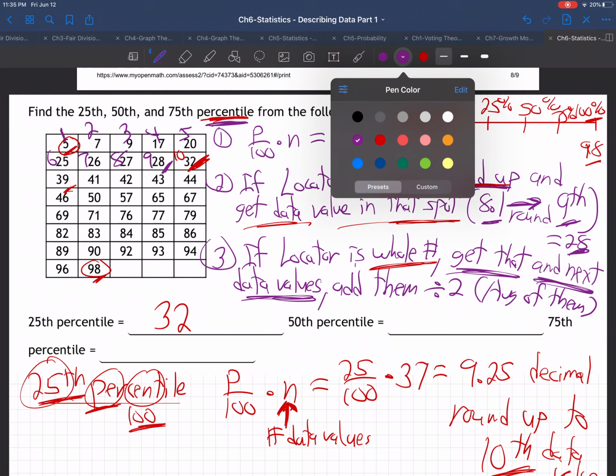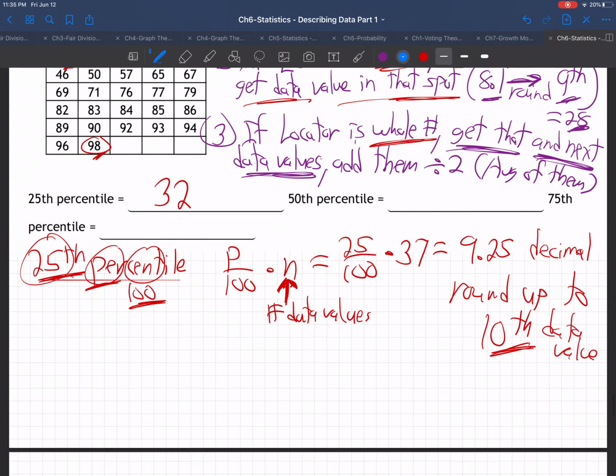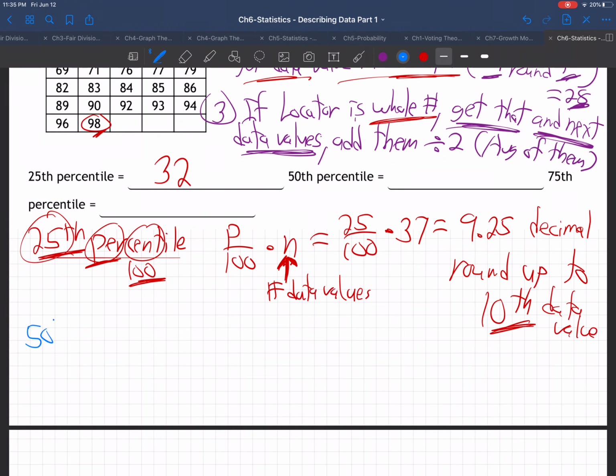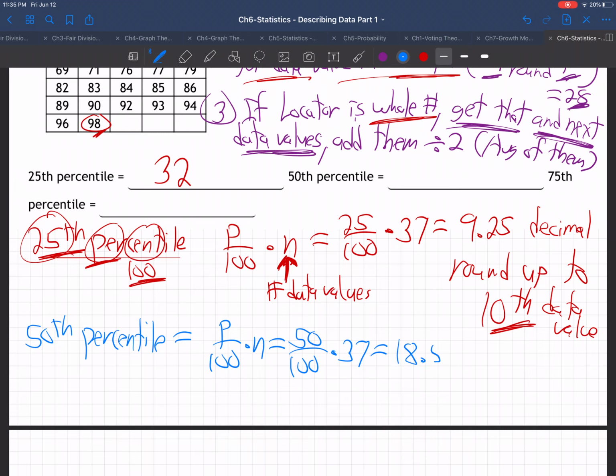Okay, let's do the next part. Let's find the 50th percentile. Same deal. P over 100 times N. This time it's 50 over 100 times 37, same total number of data values. Do that in your calculator, you get 18.5.